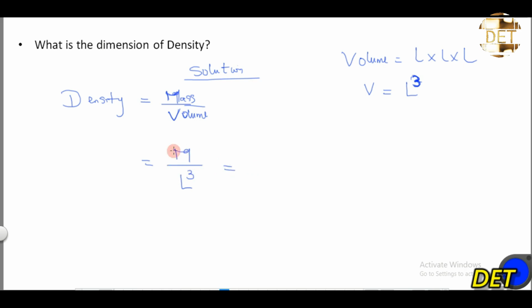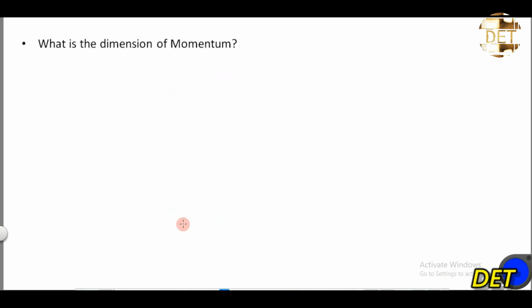So the dimension for density will be equal to m L raised to the power of minus 3. When this L raised to the power of 3 comes up, it becomes L raised to the power of minus 3. So density, which is represented as rho, is equal to m L raised to the power of minus 3. This is my dimension for density, right?